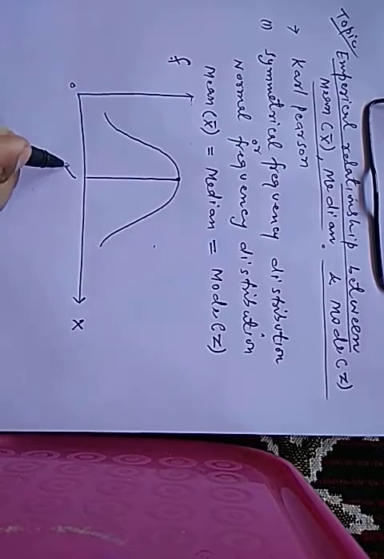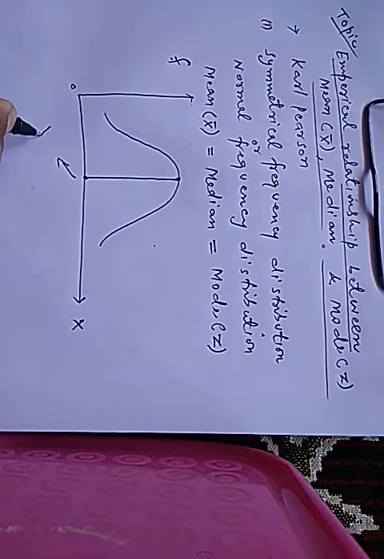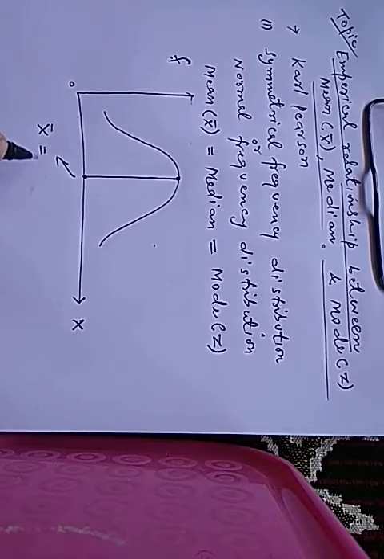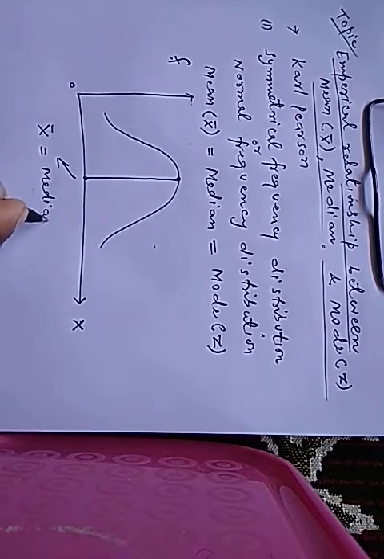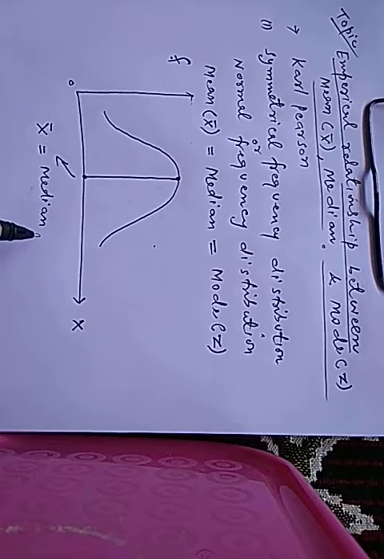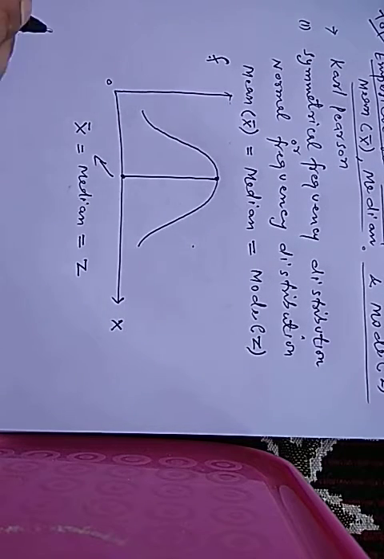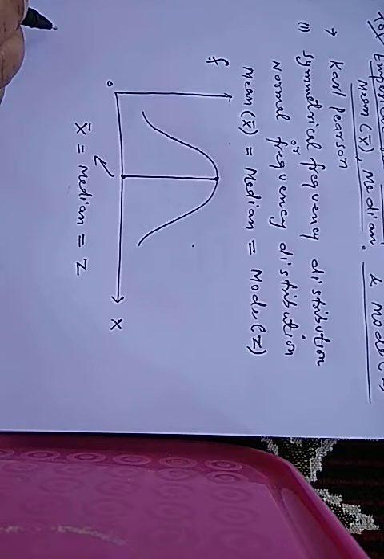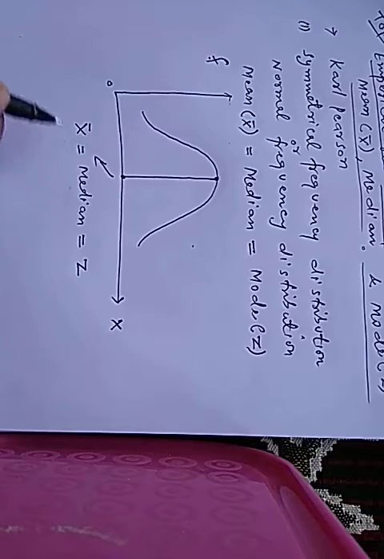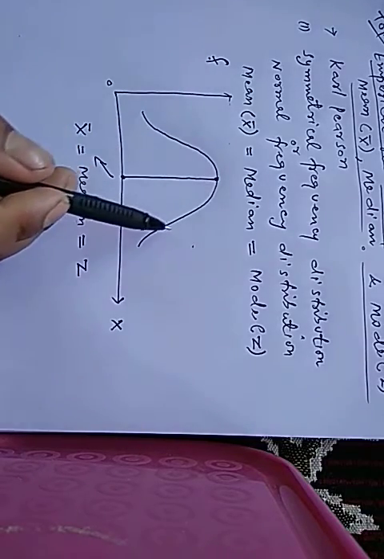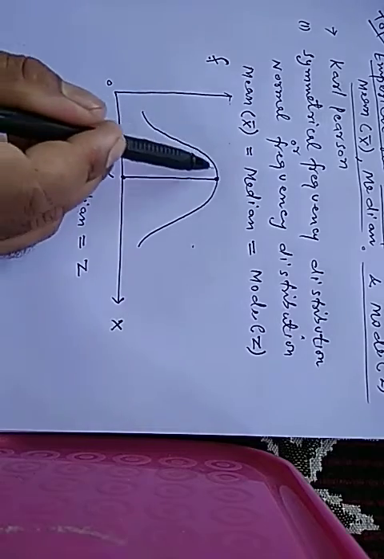This point shows the value of arithmetic mean denoted x bar, the value of median, and the value of mode denoted by letter Z, which will be the same.